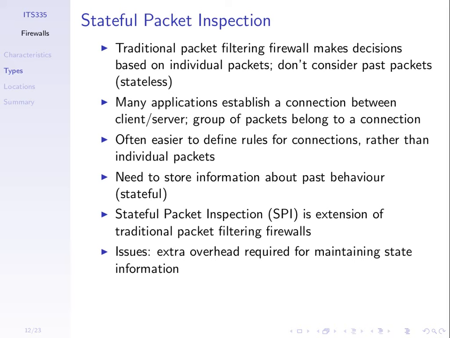So if we allow that first SYN segment out, then the concept is allow all other packets which use those same pair of addresses. Store information about the ones allowed and then make decisions based upon that. So store some state and then we get stateful packet inspection, SPI.